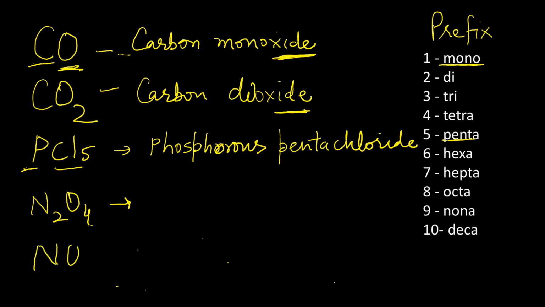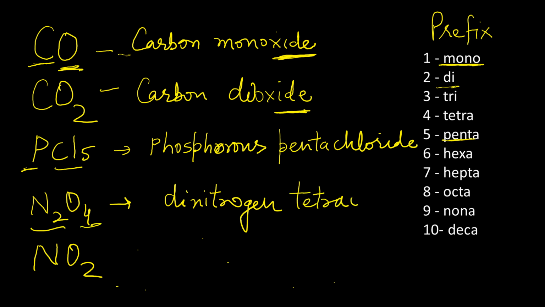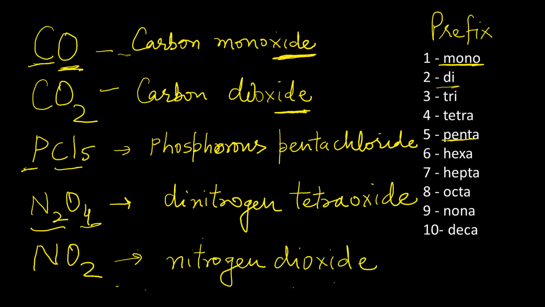So N2O4, we'll write dinitrogen, because di means 2 nitrogens are there, and 4 oxygens, so tetraoxide. Clear? NO2 will definitely end up with a different name: nitrogen, no mono, simply nitrogen dioxide. I hope that clarifies how to write the names of the covalent compounds.